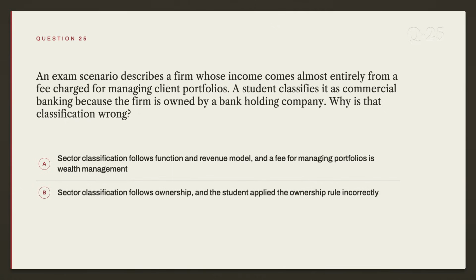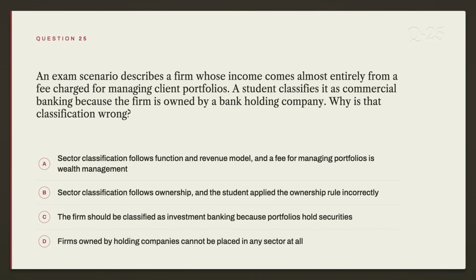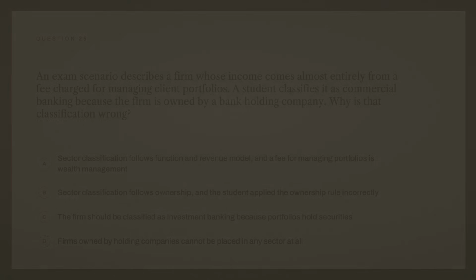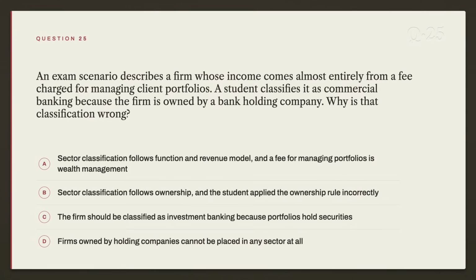B. Sector classification follows ownership, and the student applied the ownership rule incorrectly. C. The firm should be classified as investment banking because portfolios hold securities. D. Firms owned by holding companies cannot be placed in any sector at all. Which one is it? Pause the video if you need more time.